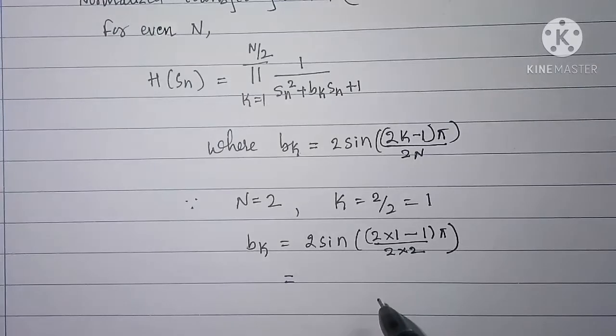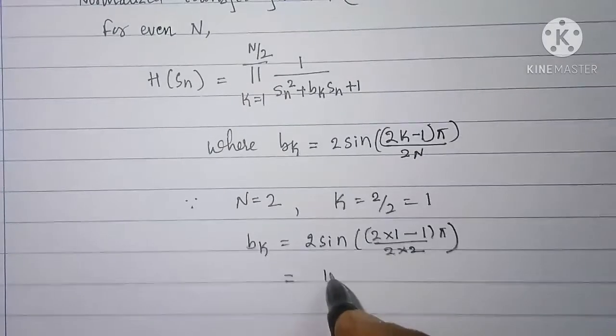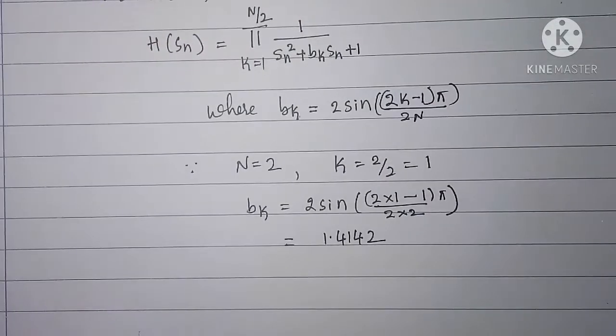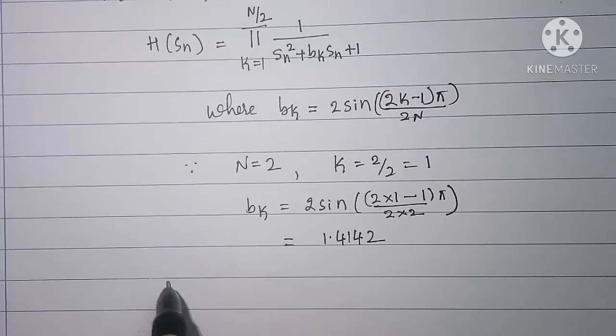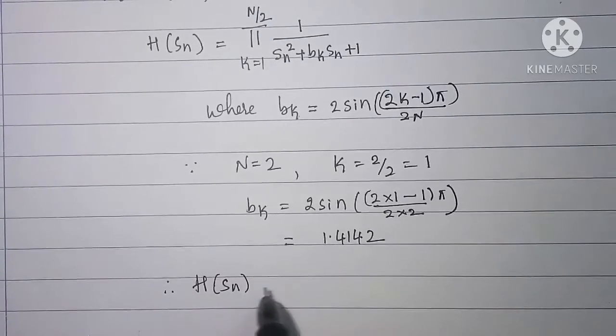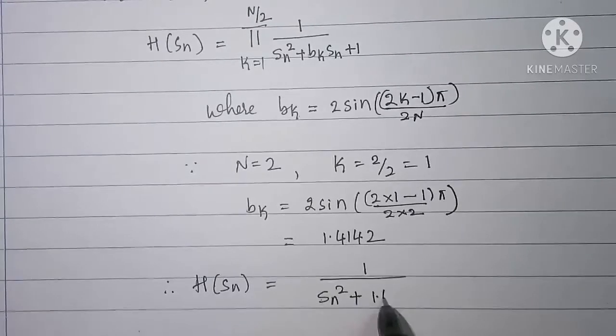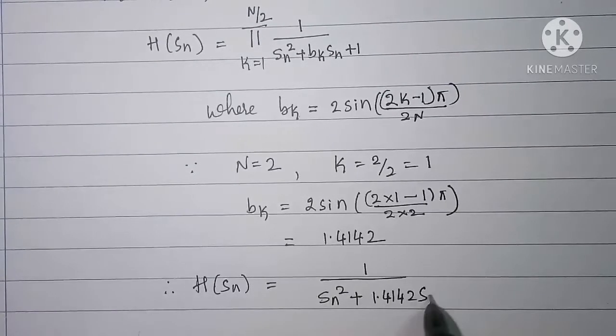That simplifies to 1.4142. Therefore, normalized transfer function H of Sn will become 1 upon Sn square plus 1.4142 Sn plus 1.